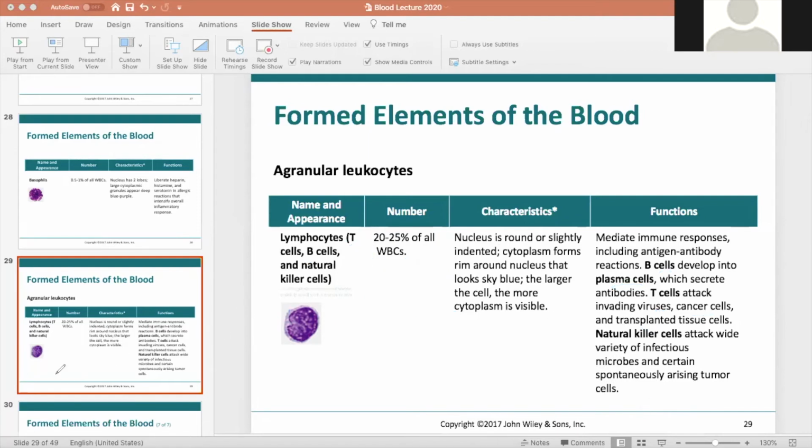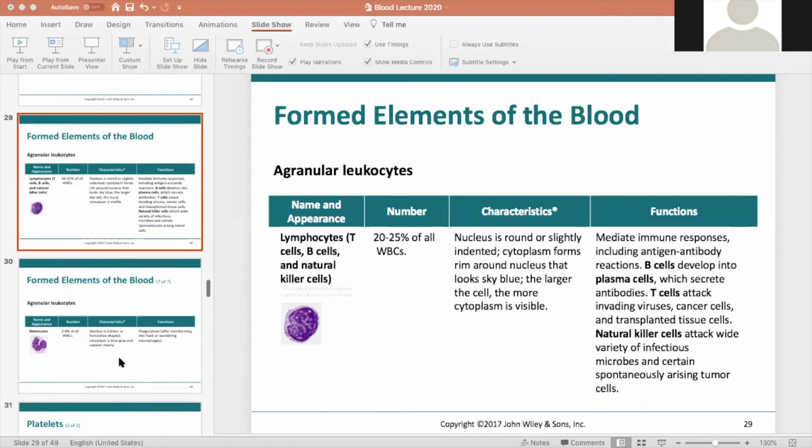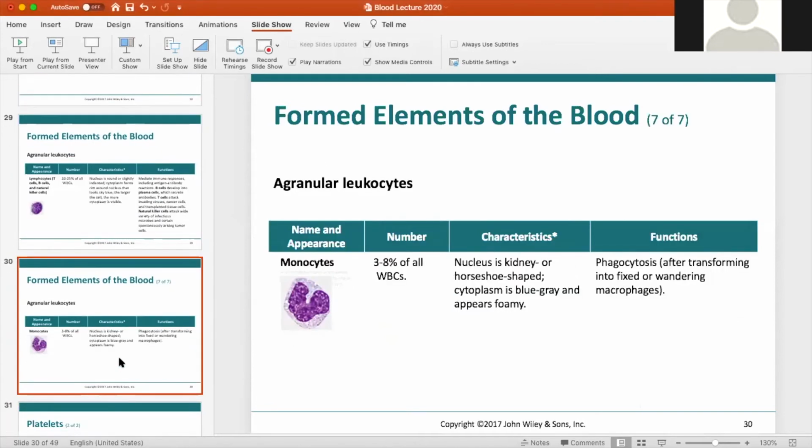Okay, so let's go ahead on to our next slide here. The very last formed element for the white blood cells that is agranular is known as the monocyte. The monocyte kind of looks like a sloppy cell like this. It's got a kidney-shaped nucleus, and it doesn't have any granules.